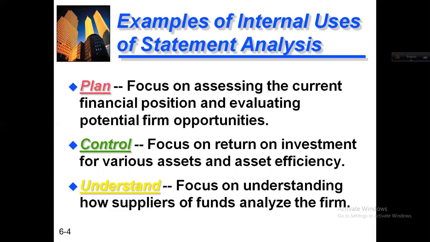Number three, understand. That focuses on understanding how suppliers of firms analyze the firm, because the suppliers must supply the materials and they want to know the firm's condition also.